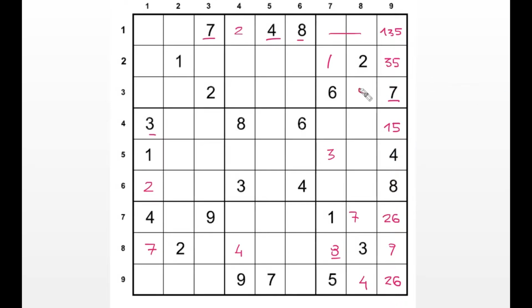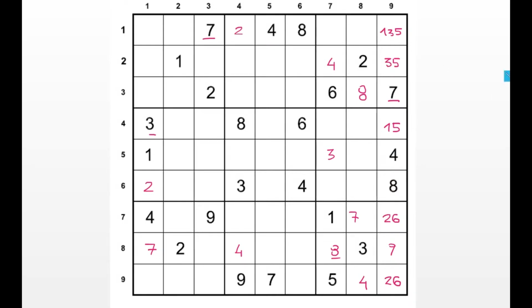And finally, here will be number 8 in this position. Now, are there any obvious positions? Yes, if number 4 here and here will be no possibility for number 4, and here is the remaining cell for number 4.